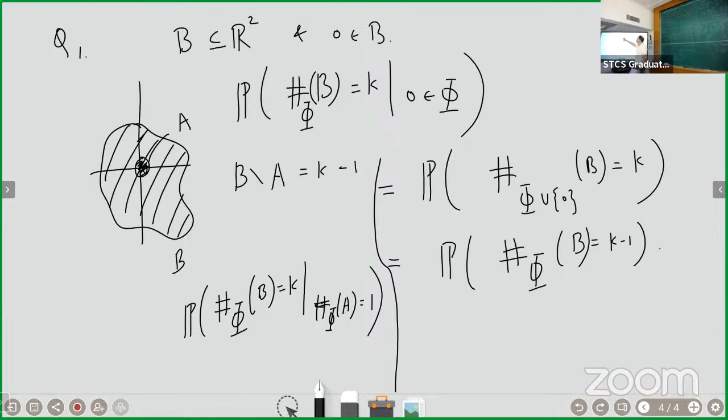If B here did not contain the origin, then putting a 0 here has no effect on this property. It's just the fact that B exactly contains the origin, so I need to subtract 1 out. So this is a profound fact, and this helps us in doing everything we're going to do. So that's why I wanted to come to this.